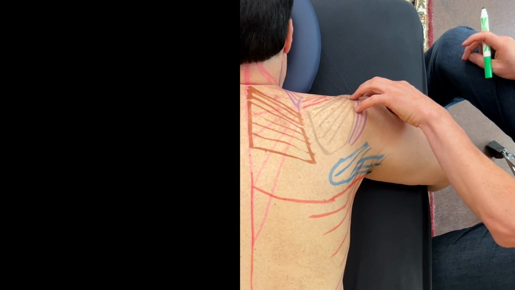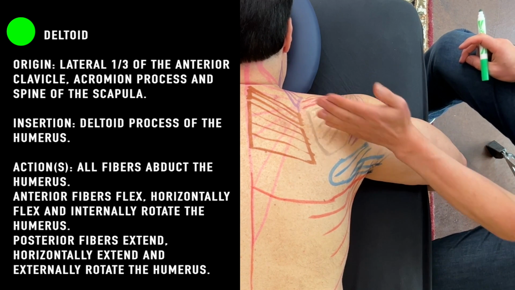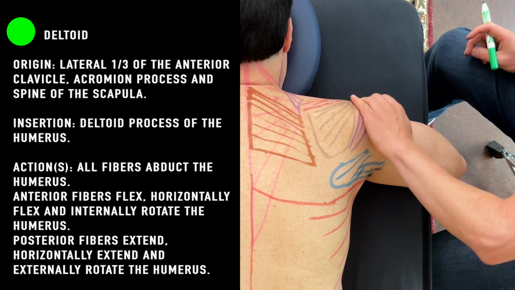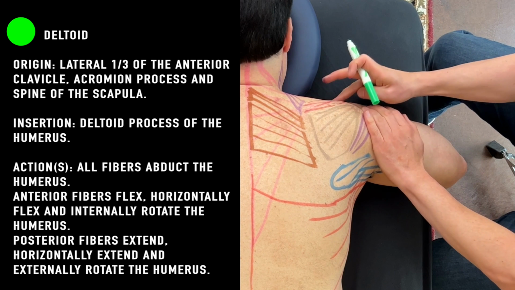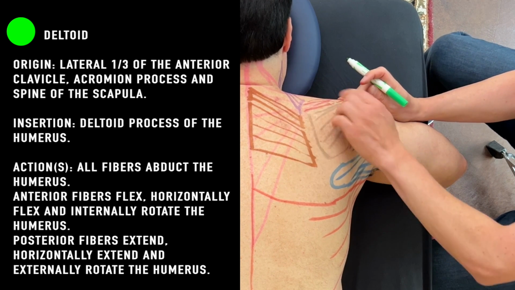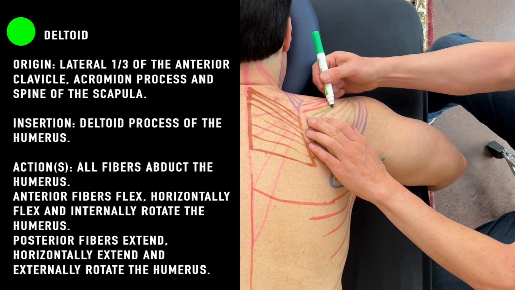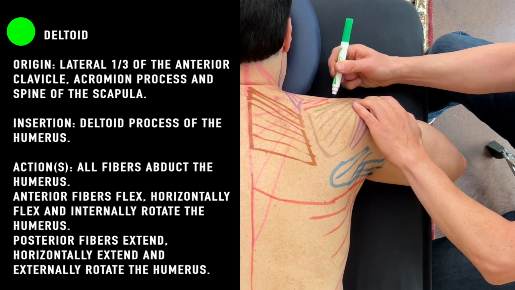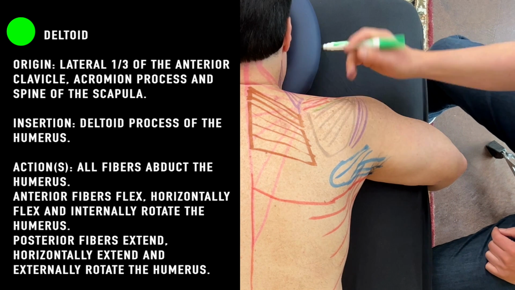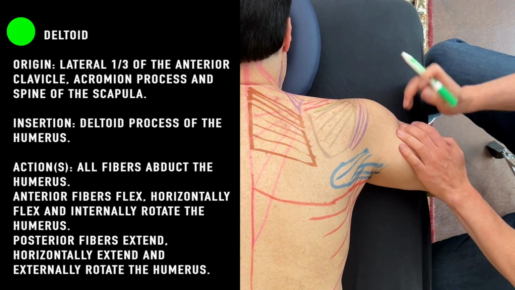Now that we have these drawn, let's put the muscle that drapes over the top of this on. That is the posterior deltoid. And so we left it at the acromion process of the scapula. So the rest of its attachment is the same thing as the insertion of trapezius, which is the spine of the scapula, right out to there. And the insertion, same as before, is the deltoid tuberosity of the humerus.